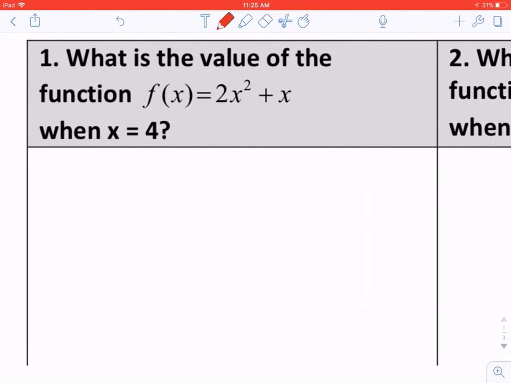So example 1, what's the value of this function, f of x equals 2x squared plus x when x equals 4? Just a reminder that f of x is the same as y. Those are identical things. To show your work properly, you're going to first write down the function as it was given.